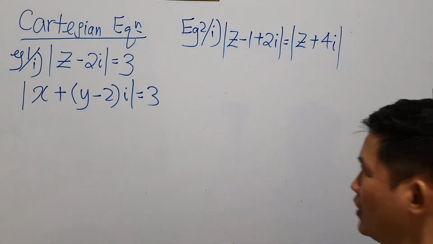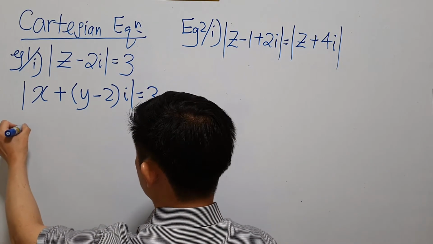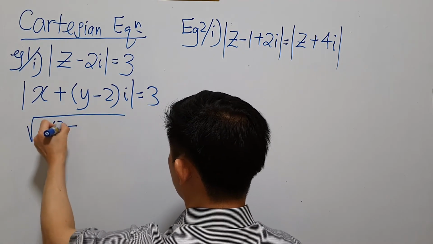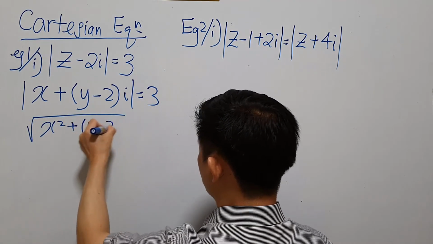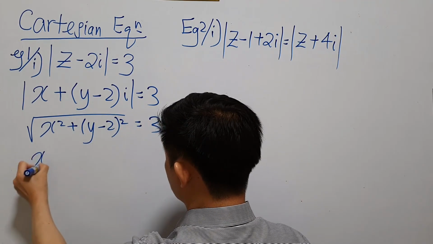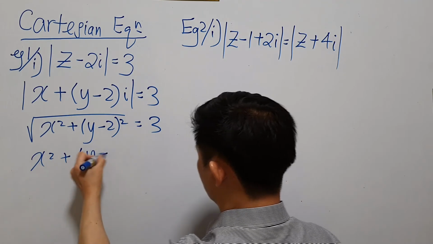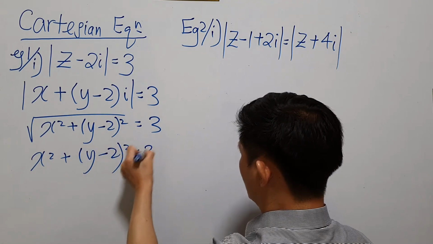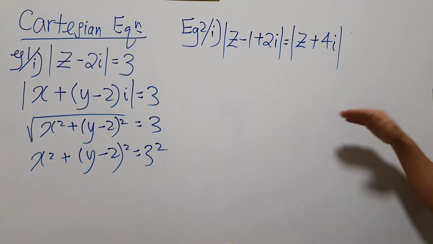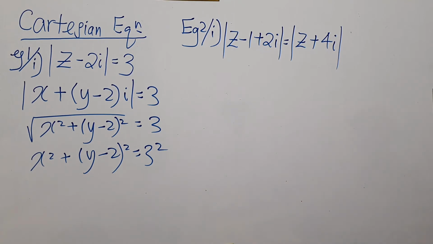And then to find the modulus of a complex number, it is simply the square root of the real part squared plus the imaginary part squared. And then you just need to square both sides. You find that immediately you get the equation of the circle that we talked about in example 1 part 1. Likewise, in this example, you already know that it is a perpendicular bisector.